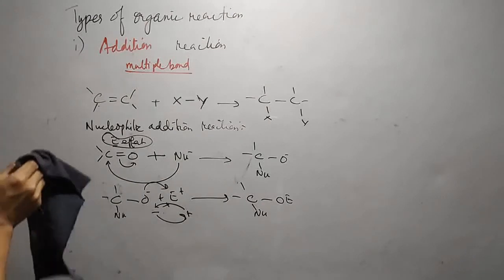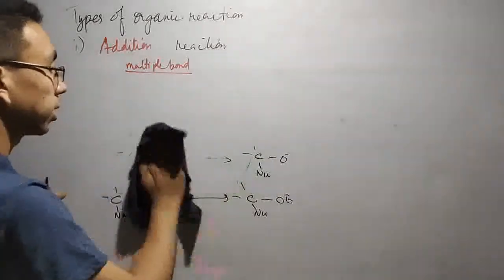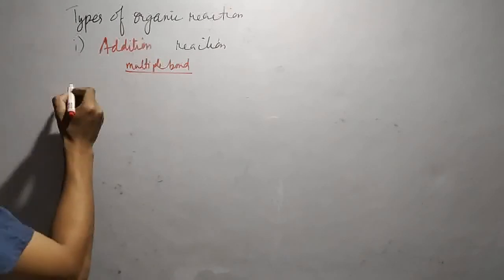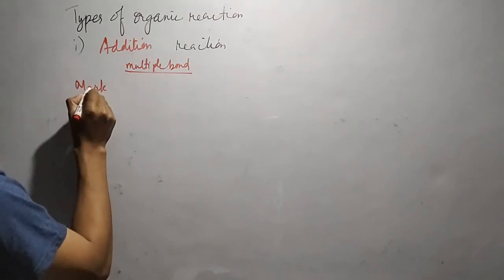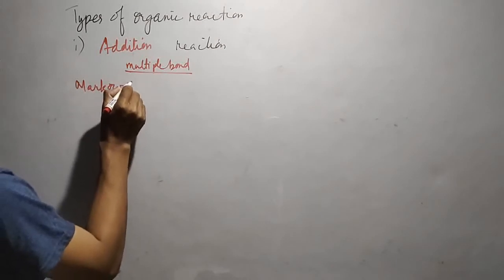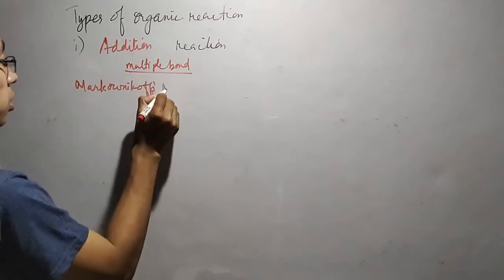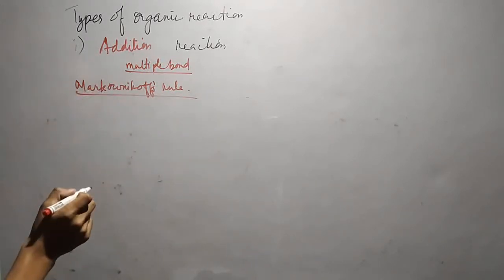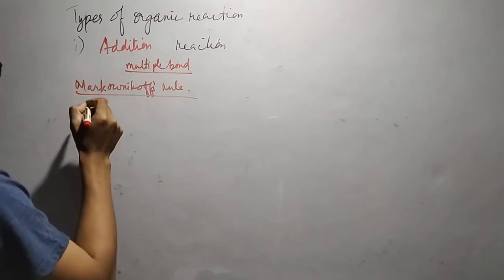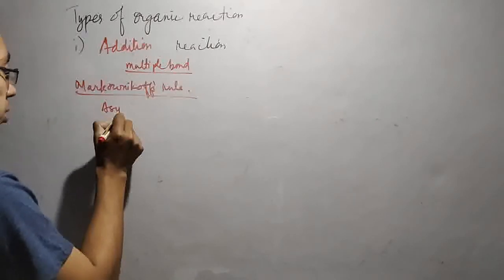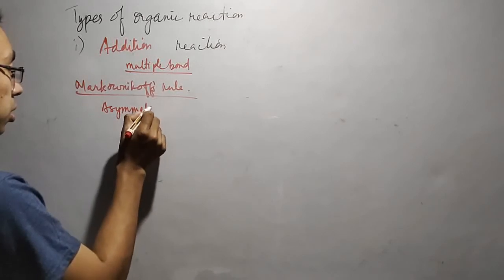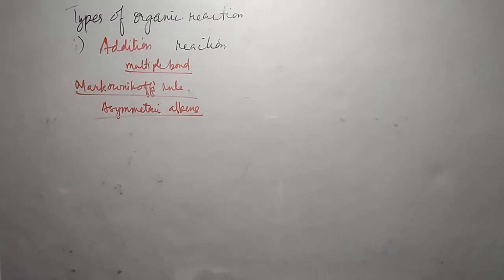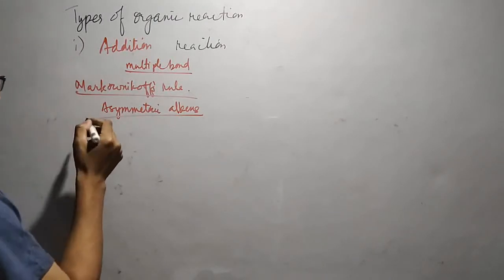Now the next type is about a rule, that is Markovnikov's rule. There is a special condition, before that, Markovnikov's rule. Under this there is also Anti-Markovnikov's rule. This rule is applicable for asymmetric alkenes. I want you to find out what asymmetric alkenes are.